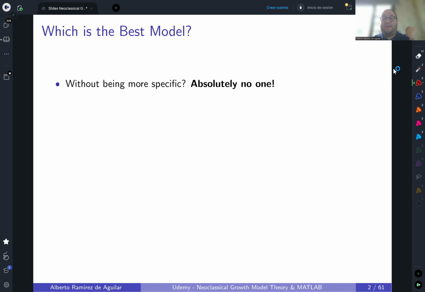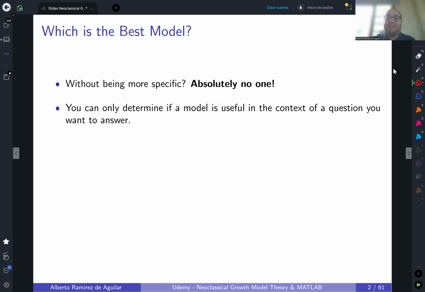Now, there's another debate. Well, before going to that, as I already said, you can only determine if a model is useful in the context of a question you want to answer. So sometimes there are some types of questions for which the model that you have in mind will be very useful. There are other questions for which the model you have in mind will not be useful.